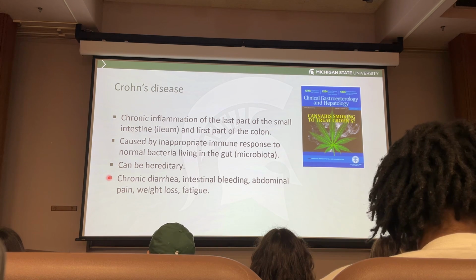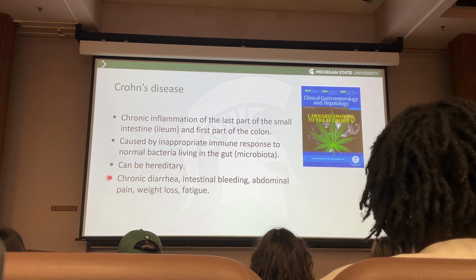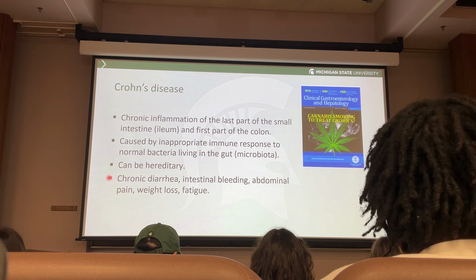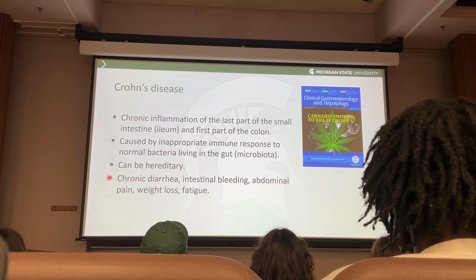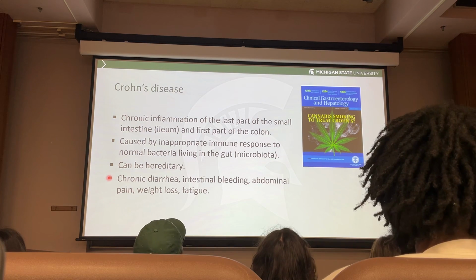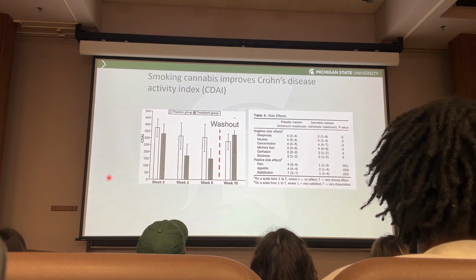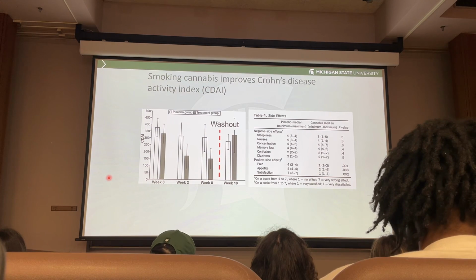And the overall manifestation of this disease: diarrhea, intestinal bleeding, abdominal pain, weight loss, fatigue, is bad. It's real bad. However, cannabis has been used in the treatment of this disease.